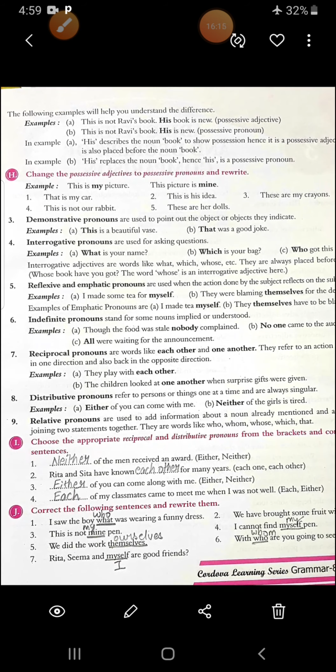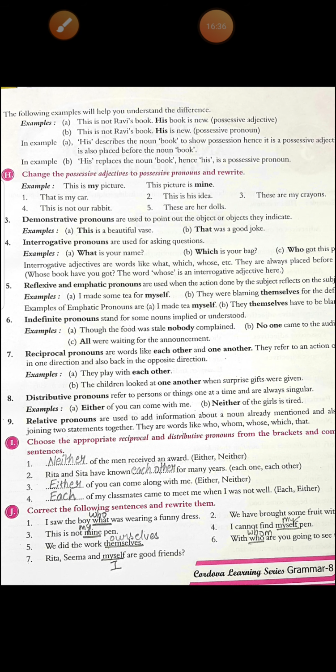Now see this exercise H. Till here only we will do in this video. Change the possessive adjectives to possessive pronouns and rewrite. You have to change these possessive adjectives to possessive pronouns. And how will you do that? By replacing the noun words.